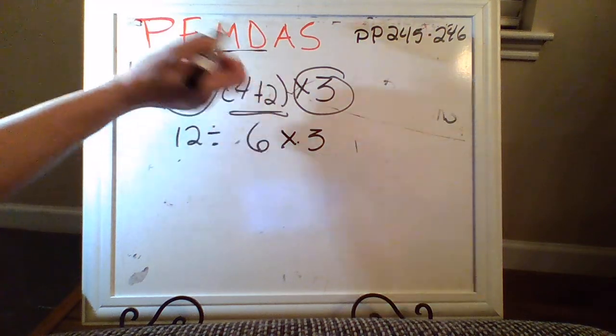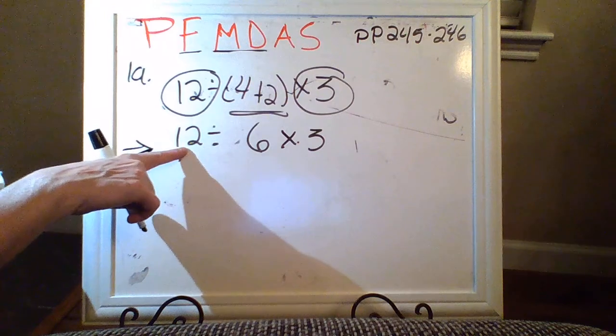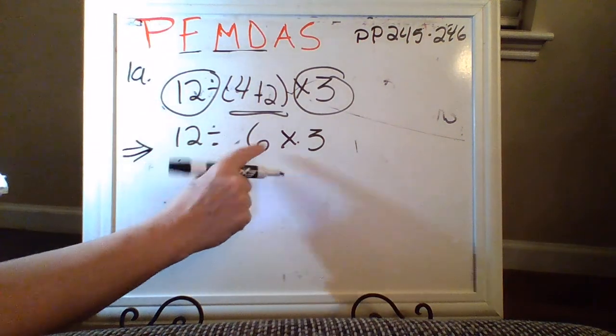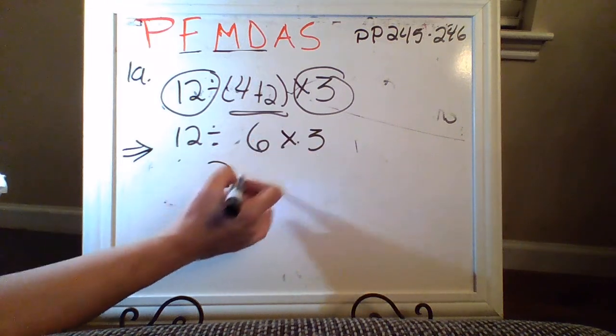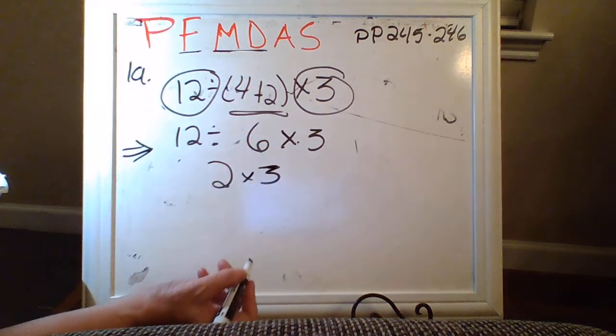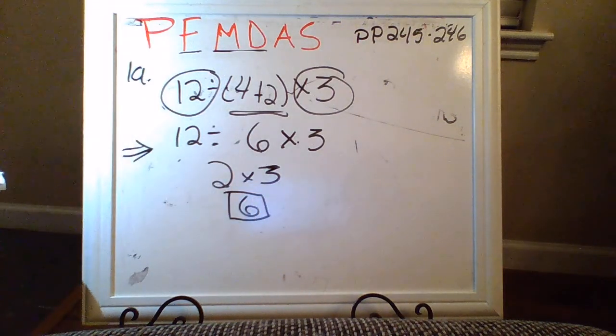So whichever comes first, moving left to right. So I have to do the 12 divided by 6 first. 12 divided by 6 is 2, times 3 is left over. So 2 times 3 is 6. So your correct answer for this would be 6.